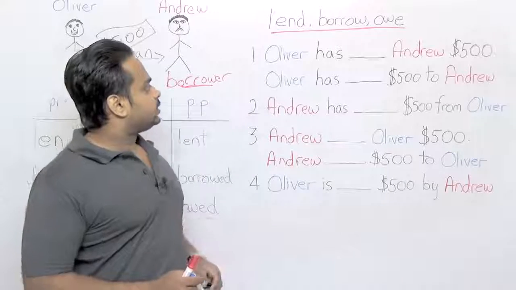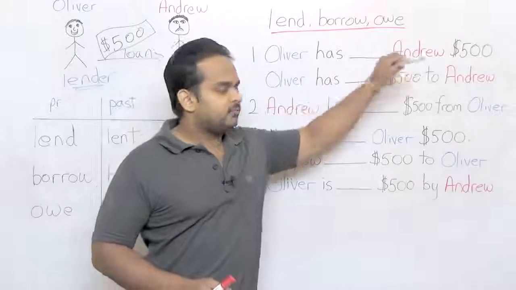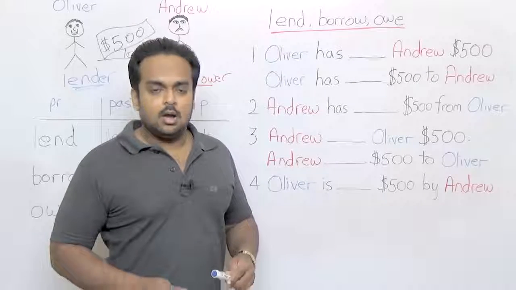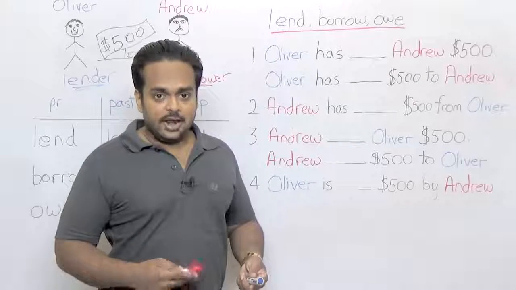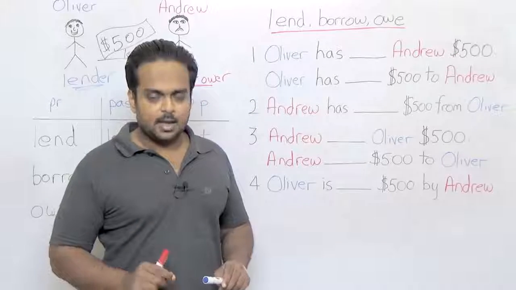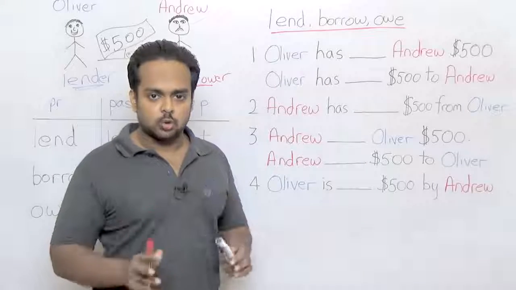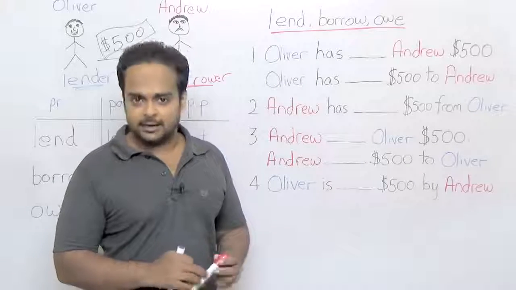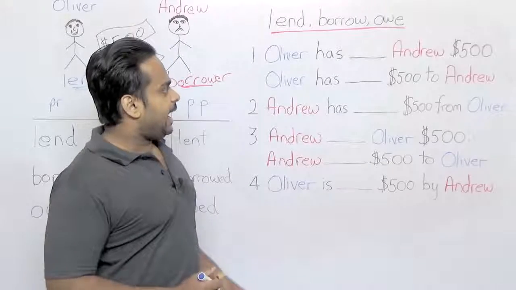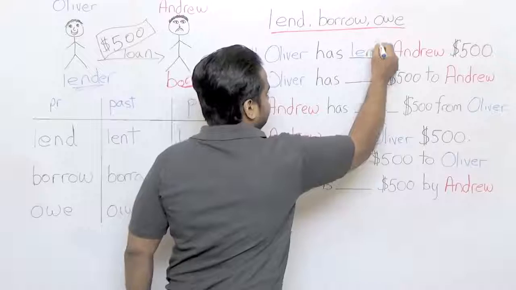Take a look at the first sentence. Oliver has Andrew $500. Well, we can say Oliver has given Andrew $500, and that would be correct. However, we want to stress that it's a loan, so we can use the word lend. So Oliver has lent Andrew $500.